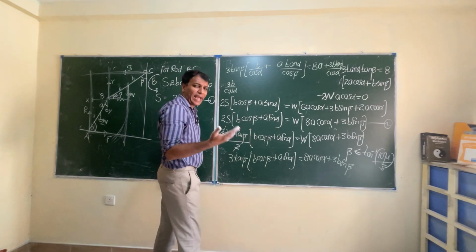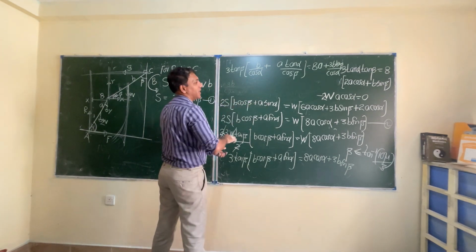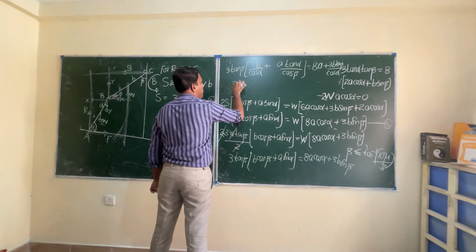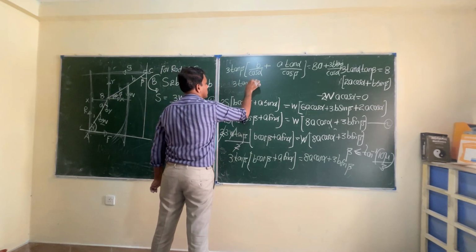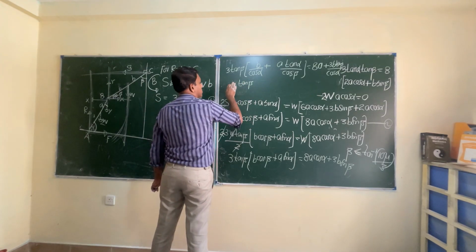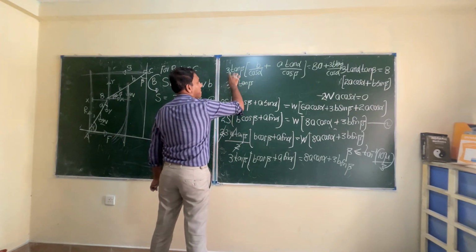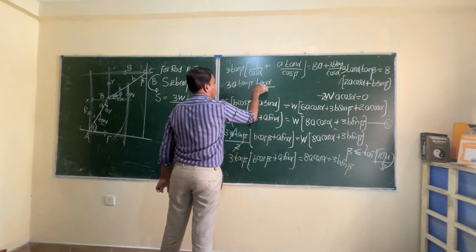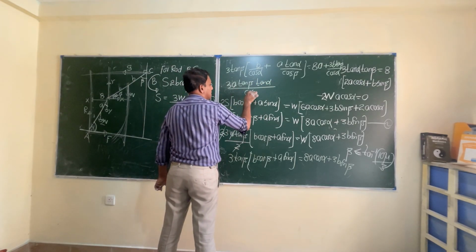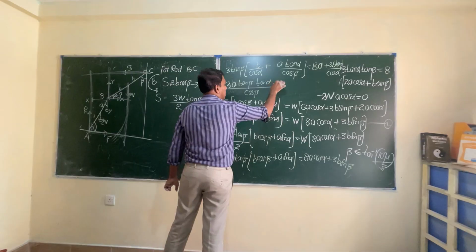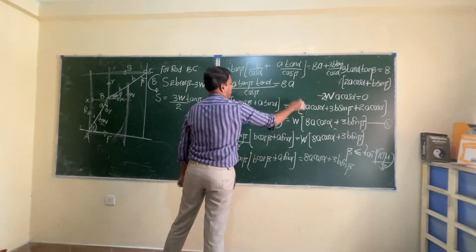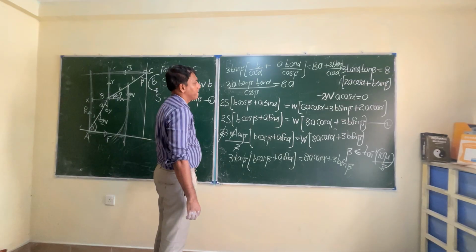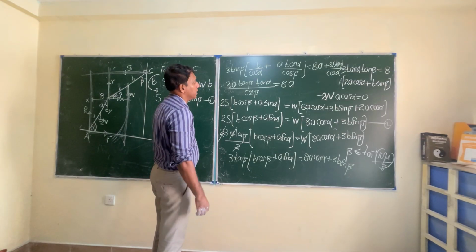That cancels with that, it's cancelled. So 3 tan beta, 3a tan beta tan alpha over cos beta, okay, equals 8a.